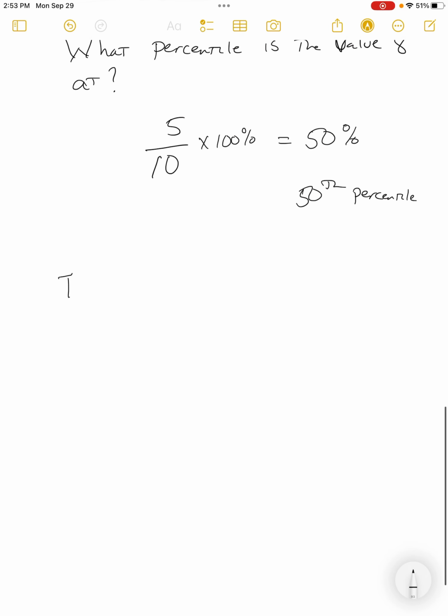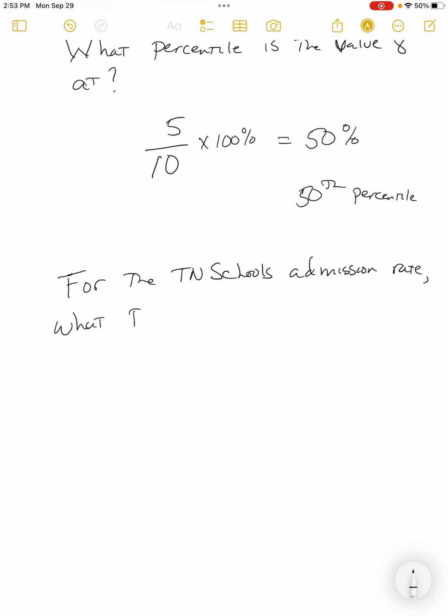I think TN stands for Tennessee, but for the TN Schools admission rate, what percentile corresponds to the admission rate?